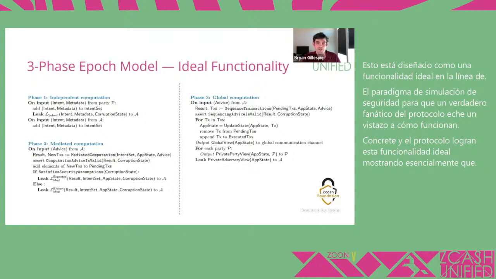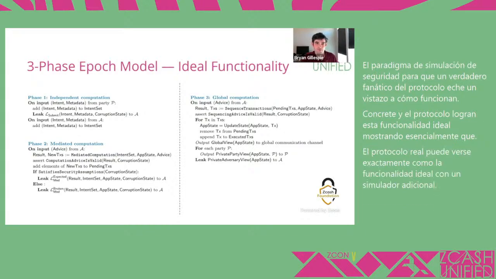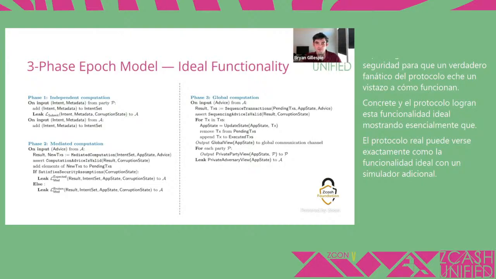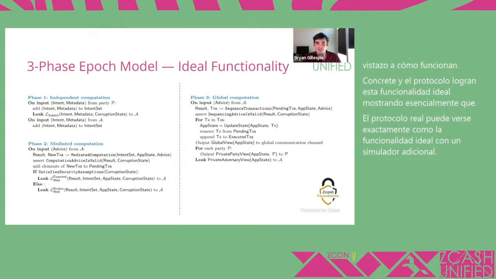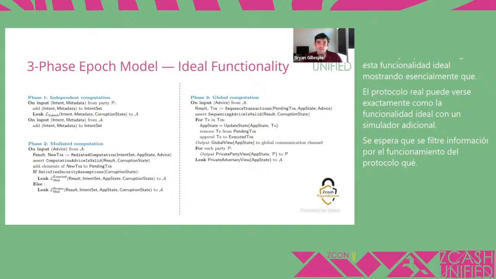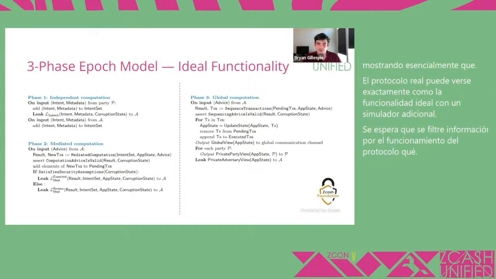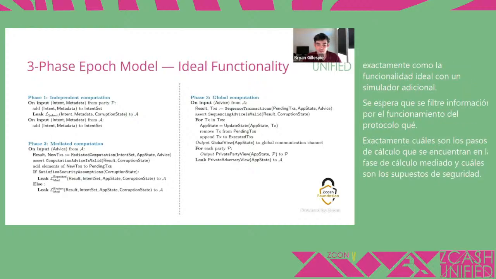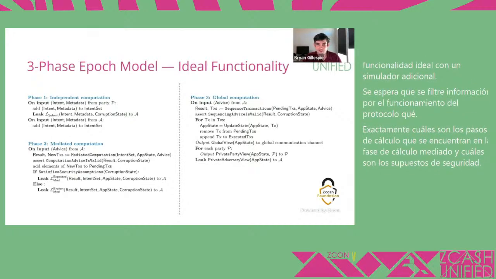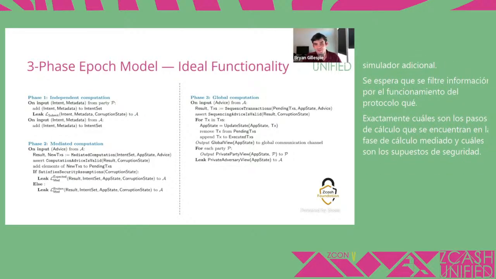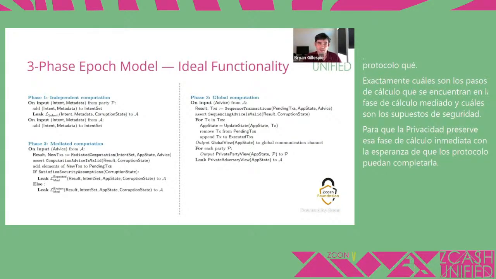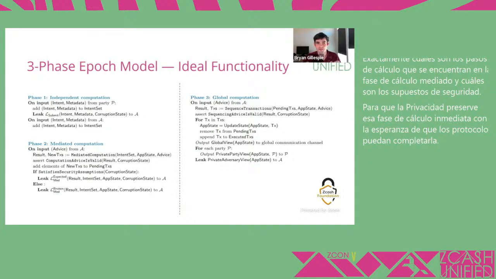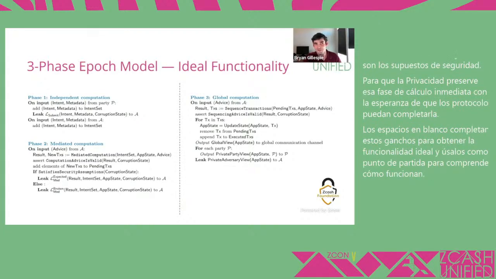But the ideal functionality provides basically some hooks for concrete protocols to specify what information is expected to be leaked by the operation of the protocol, what exactly the computation steps are in the mediated computation phase, and what the security assumptions are for the privacy preserved by the mediated computation phase, with the hope being that protocols can fill in these hooks for the ideal functionality, and use that as a starting point for understanding how the protocol's security and privacy properties can be better understood.